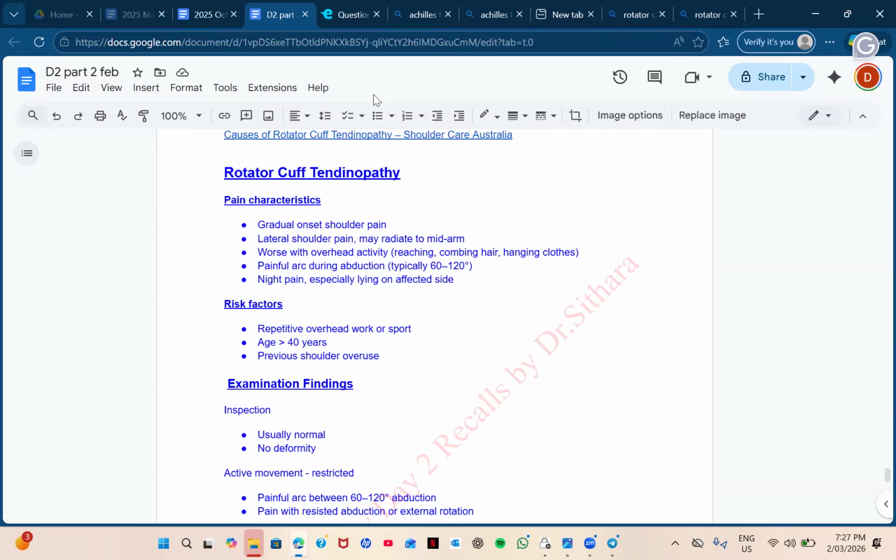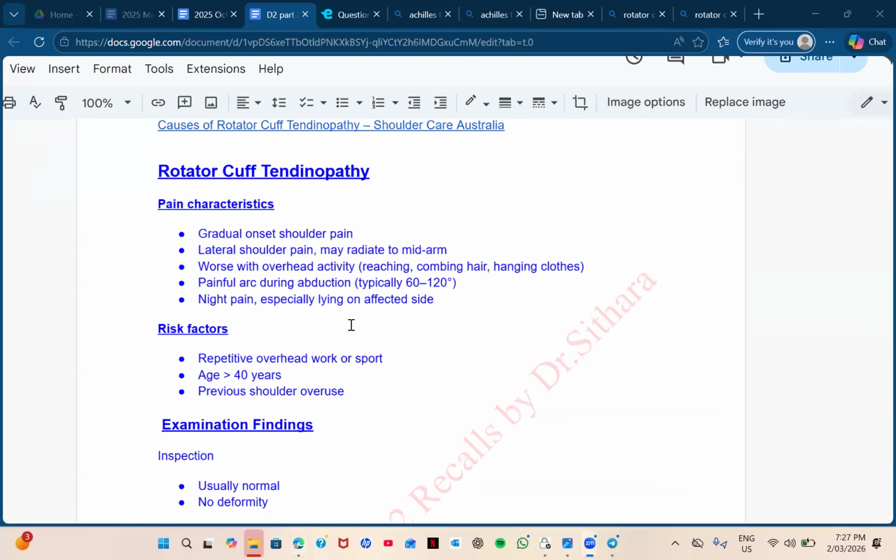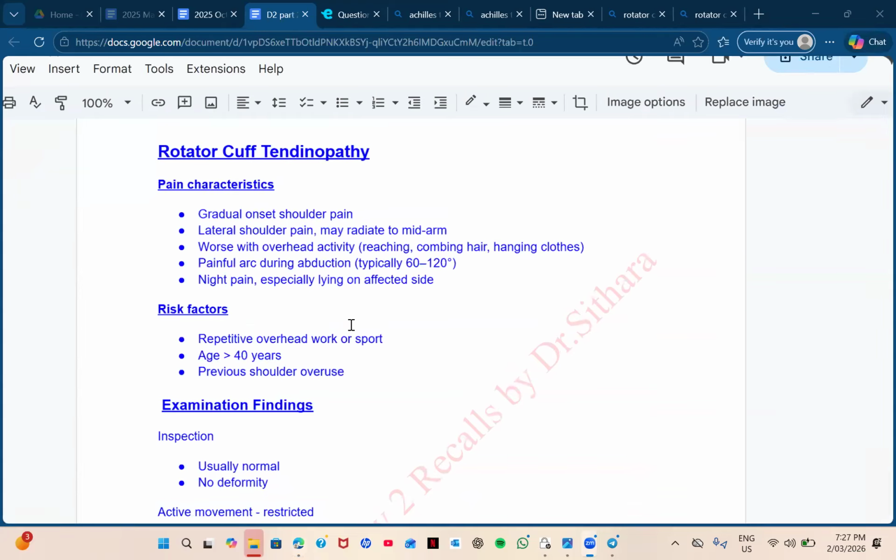This rotator cuff injury happens when there's a tear in the supraspinatus muscle, right? Supraspinatus is the main muscle that contributes.